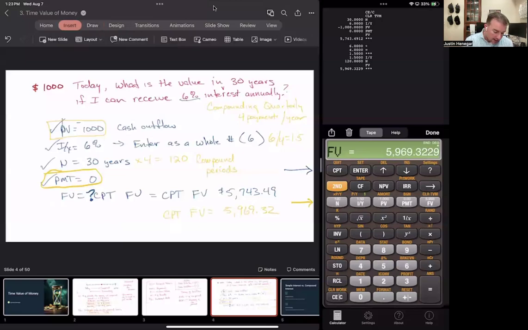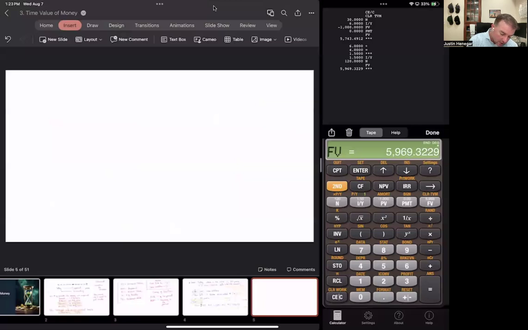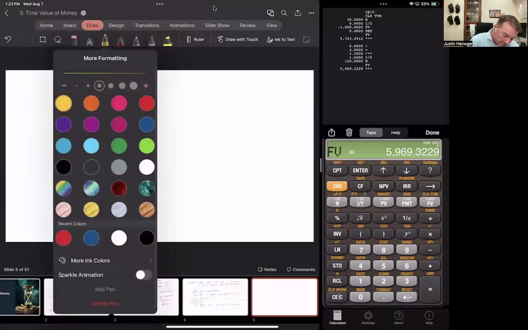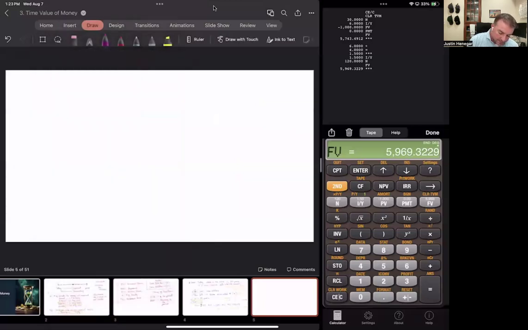Okay. All right. So that's just a basic premise of what we're trying to look at going into the future. Now let's go ahead and do a new slide and look at what it is like to have money coming back. So we know that we want $1 million for retirement.